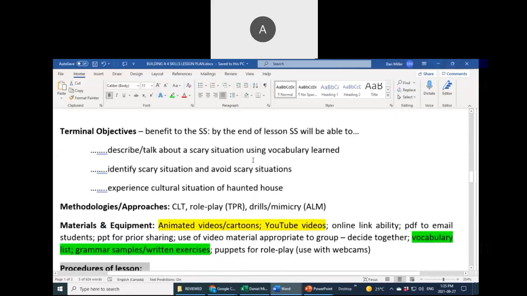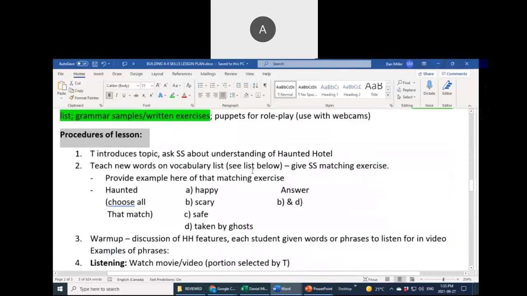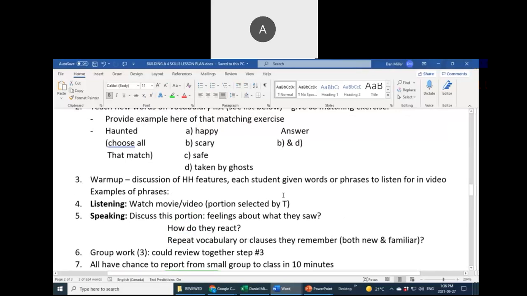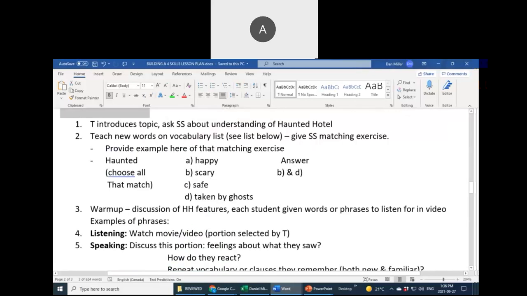So with that age group, and lower intermediate, it might be a very good idea to do a matching exercise at the beginning of the lesson to help them understand the vocabulary before you get to the reading. Okay? Yeah, thanks a lot. Okay, any other questions at this point, folks?